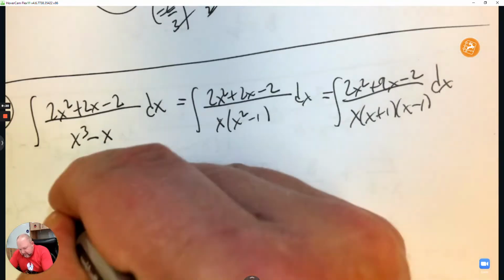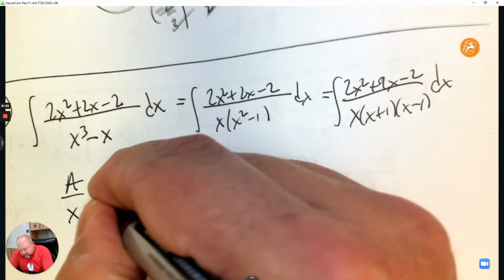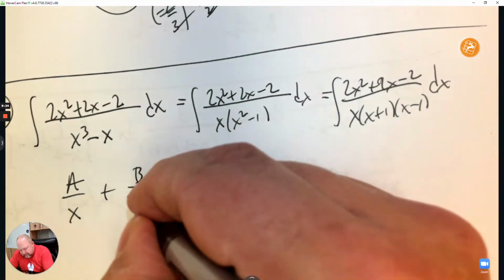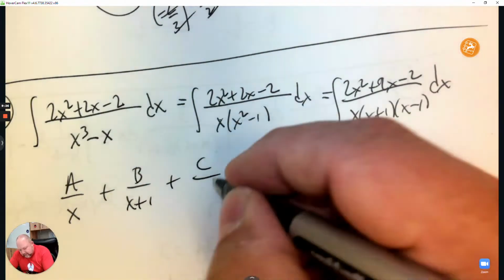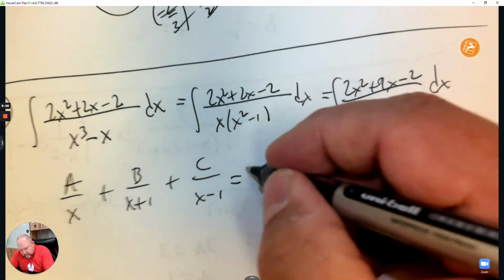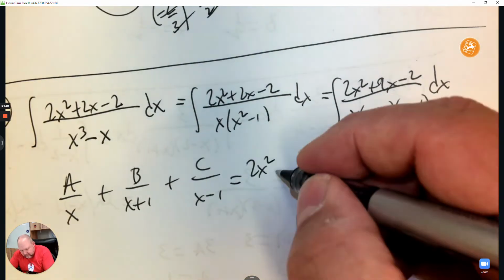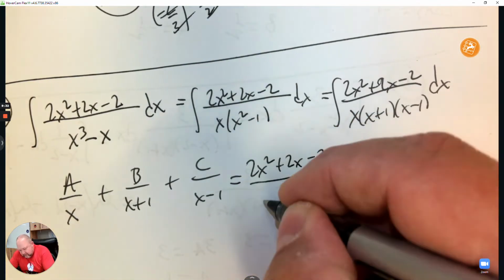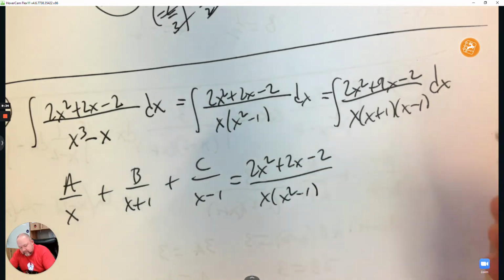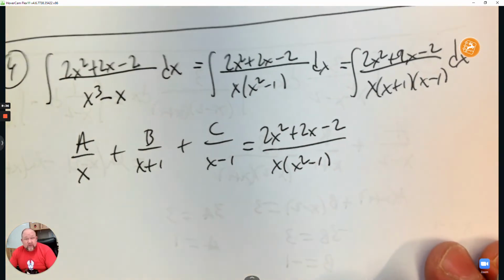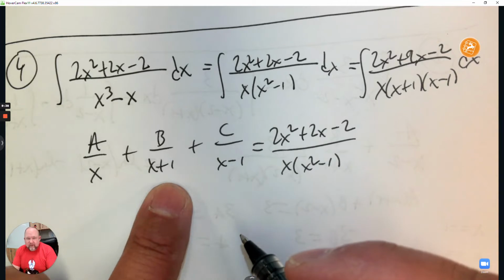How fun. So A is with x, B is with x plus 1, and C is with x minus 1. And that's equal to 2x squared plus 2x minus 2. And then I need to solve this. We're going to use the zeros again. Well, first of all, we're going to create the numerator.